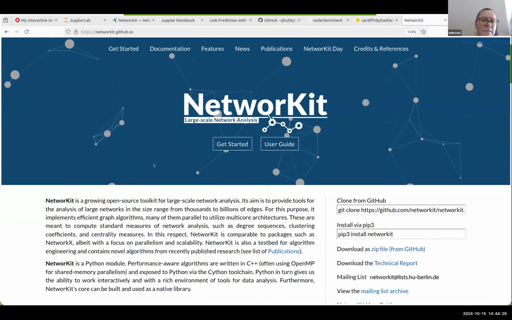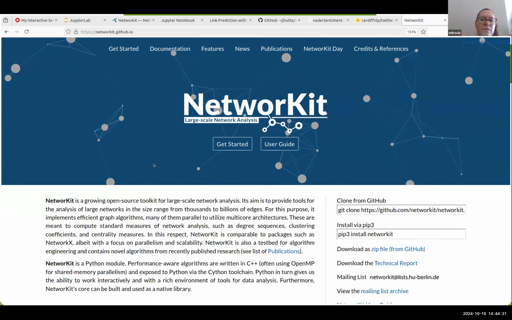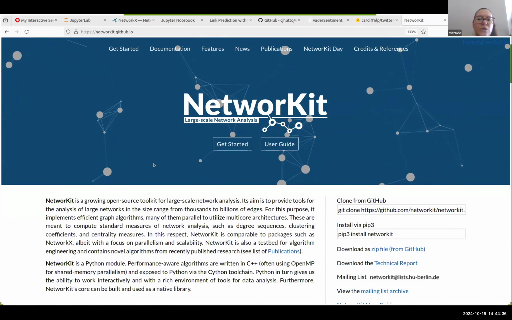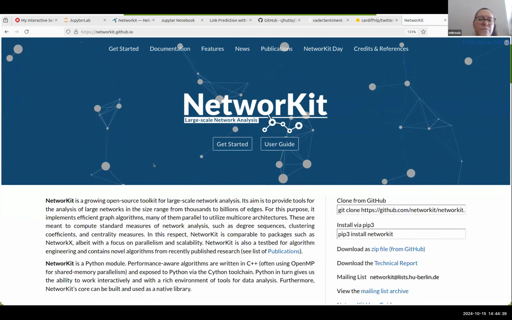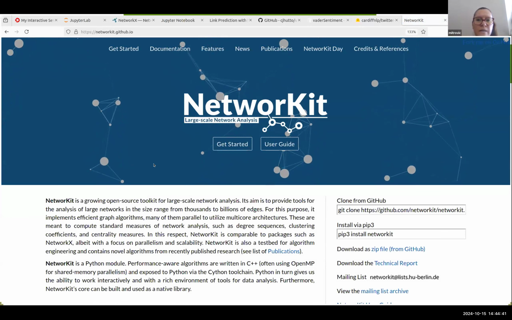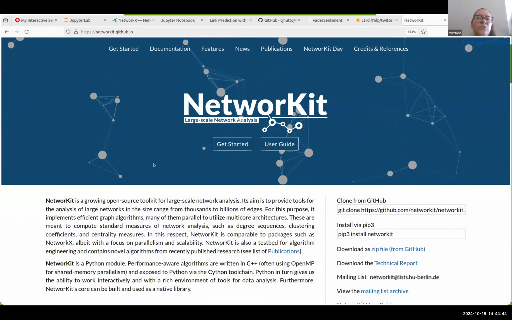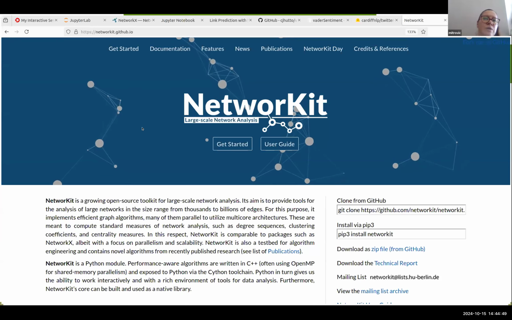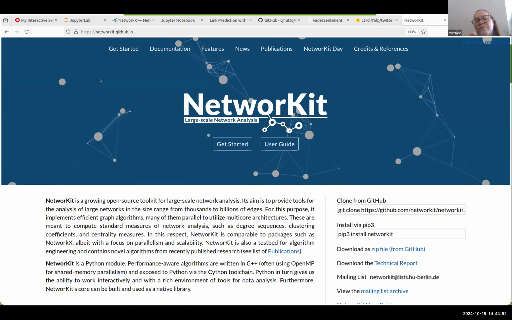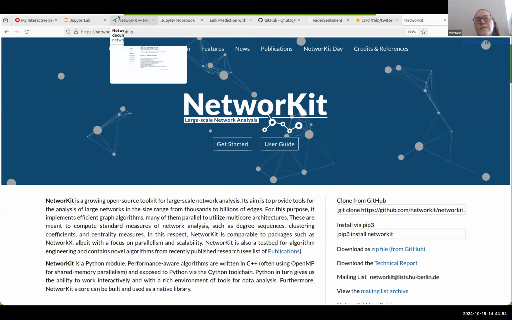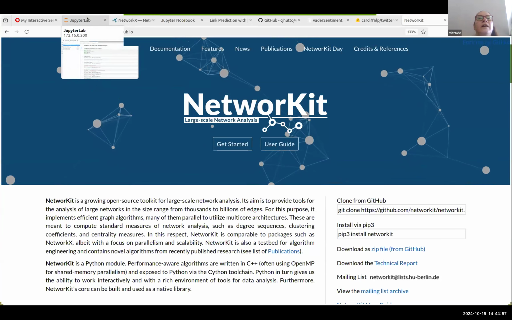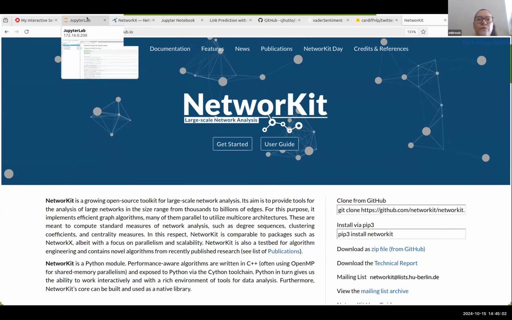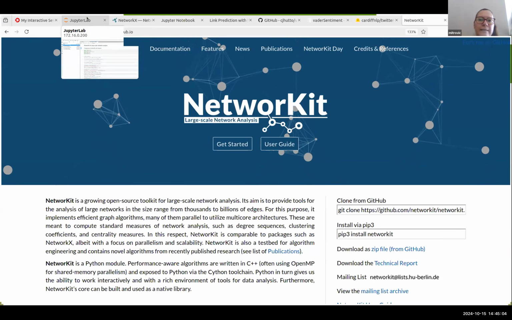It's written in C, but you also have a Python module for it, and it uses OpenMP for shared memory to parallelize the process. It makes the whole analysis of networks much faster and more efficient, a very interesting tool to use for large-scale data.